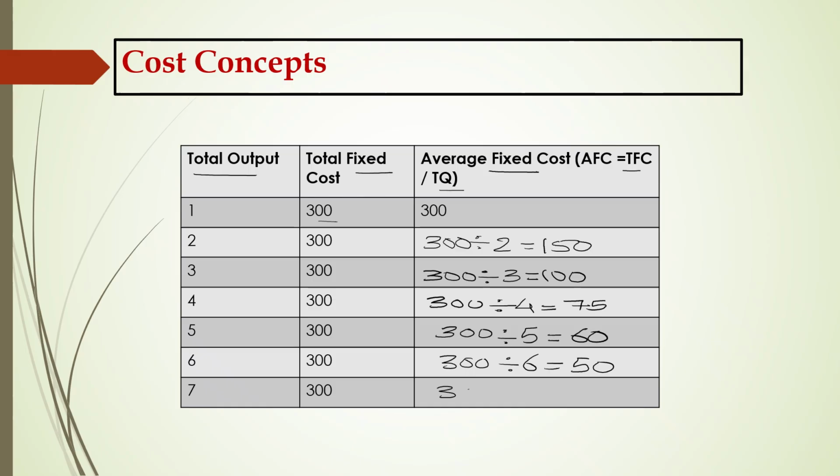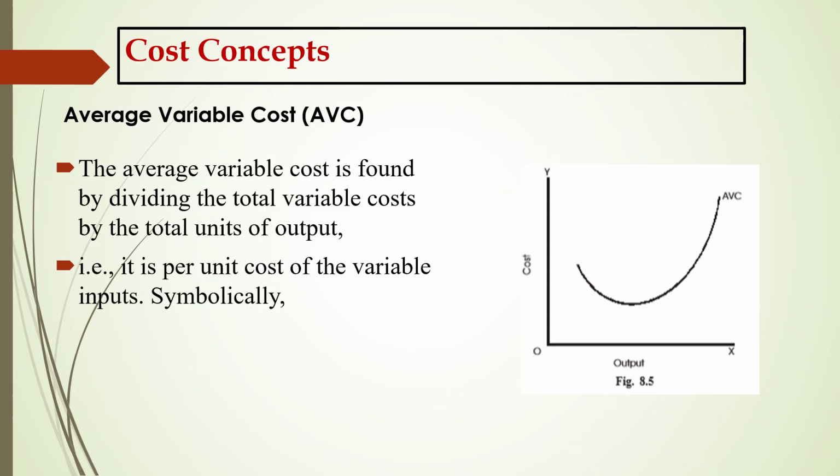And again, when the output is 7, so 300 total fixed cost divided by total quantity 7, my answer will be 42.85. So this is how we calculate the average fixed cost. Average fixed cost is equal to total fixed cost divided by total quantity.